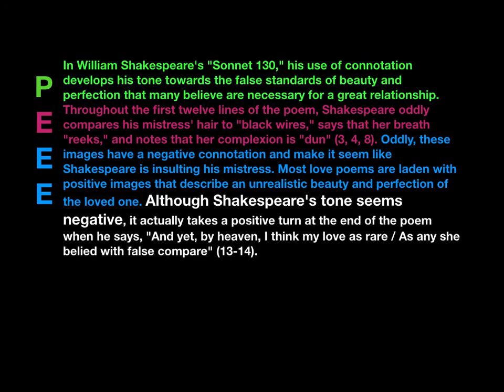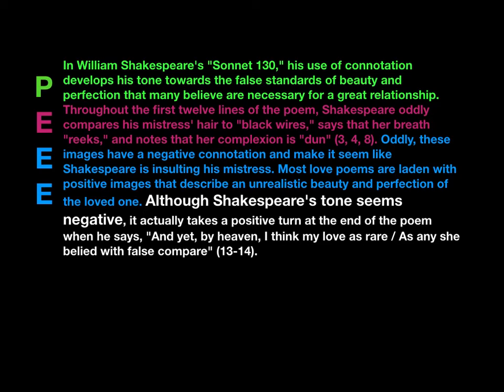So my transition word is going to be unique to my sentence. I'm going to use the transition word that you see here in bold, although Shakespeare's tone seems negative. So I'm not actually using a word, I'm using a transition phrase that's saying, hey, even though this is true, check out what I'm about to say.